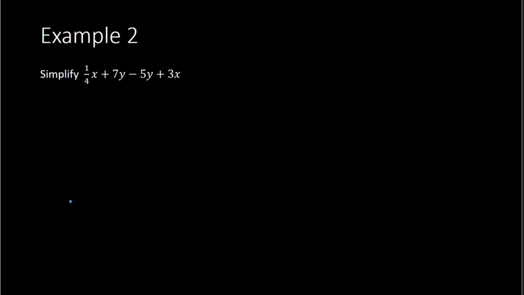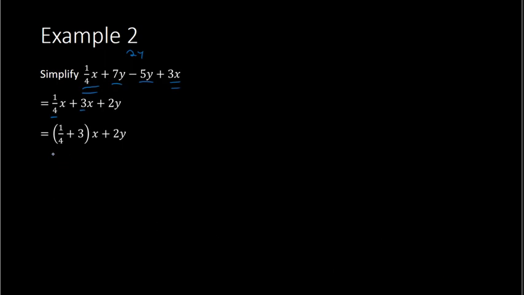Example 2, we have 1/4 x plus 7y minus 5y plus 3x. So the y's can combine. 7y minus 5y would give me 2y. And then the x's can combine. 1/4 x plus 3x, to combine those, I need to add the coefficients, 1/4 plus 3.